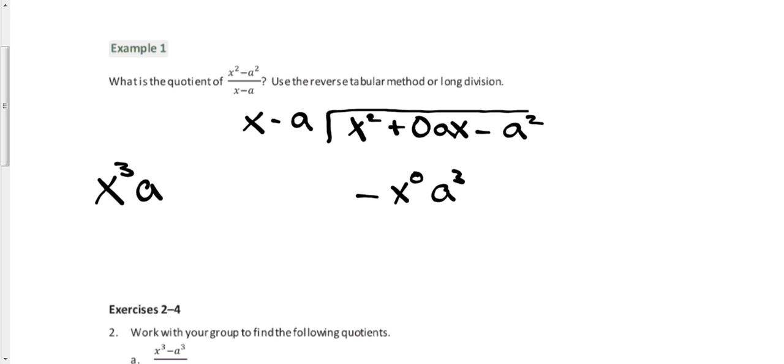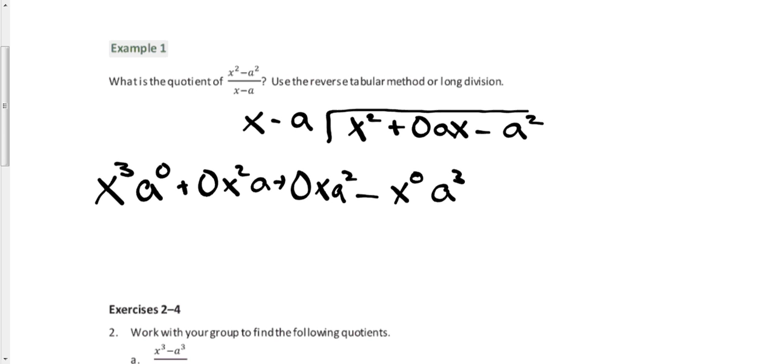A to the 0. And then this is plus 0 x squared a. And this is plus 0 x a squared.